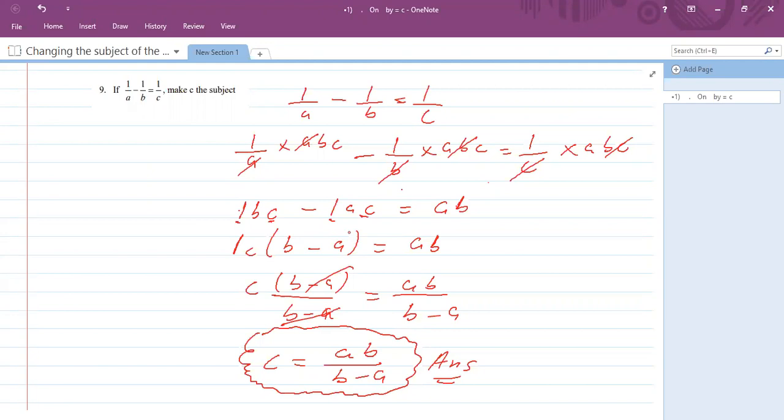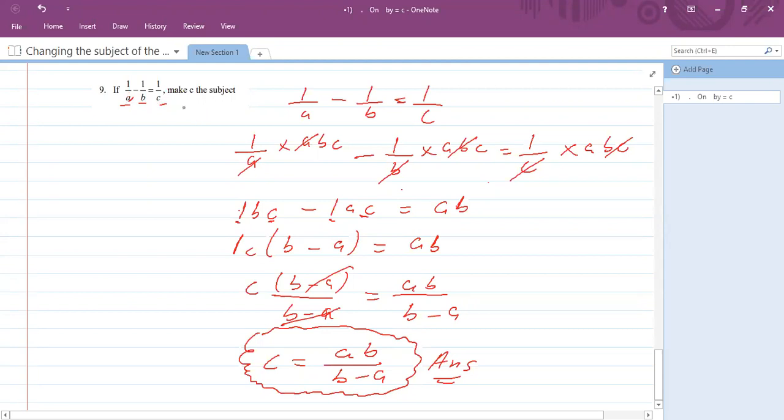The upper top, sir, why multiply each of them by ABC? Is it not because I want to get rid of the denominators, right? So instead of me finding the LCM, I didn't do that. But the best way to do it is to get rid of the A, B, and C, right?